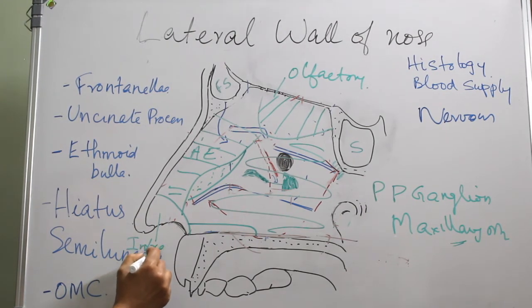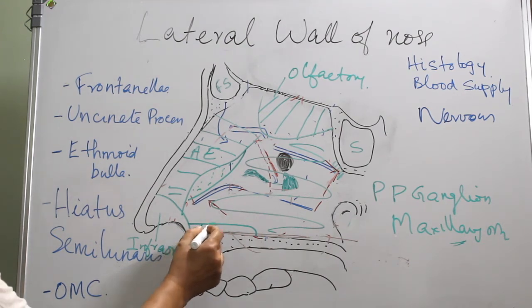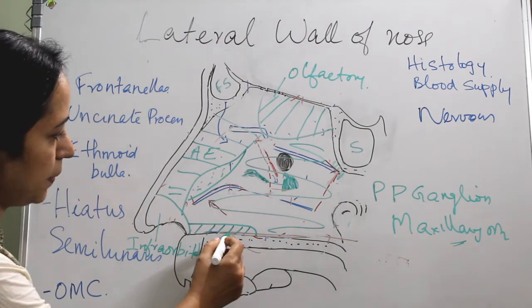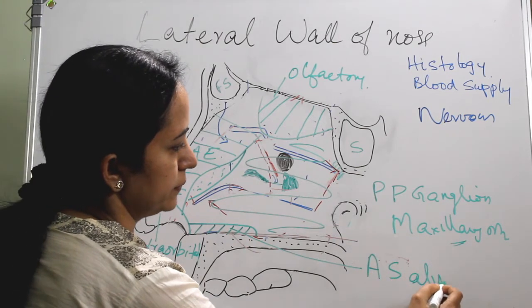ophthalmic division of the trigeminal. And this part is supplied by the anterior superior alveolar nerve.